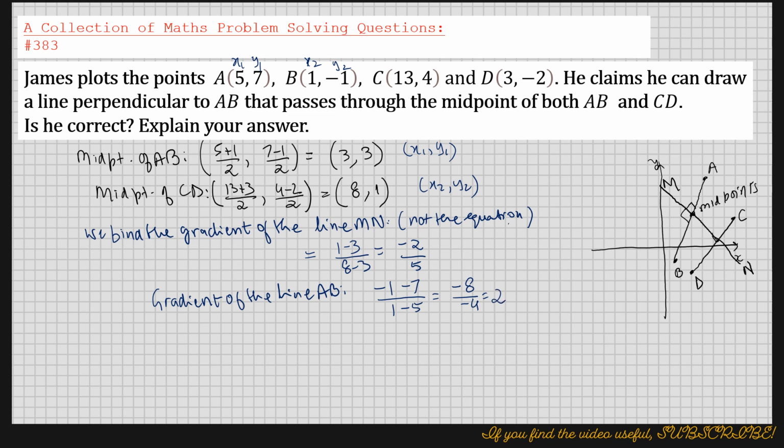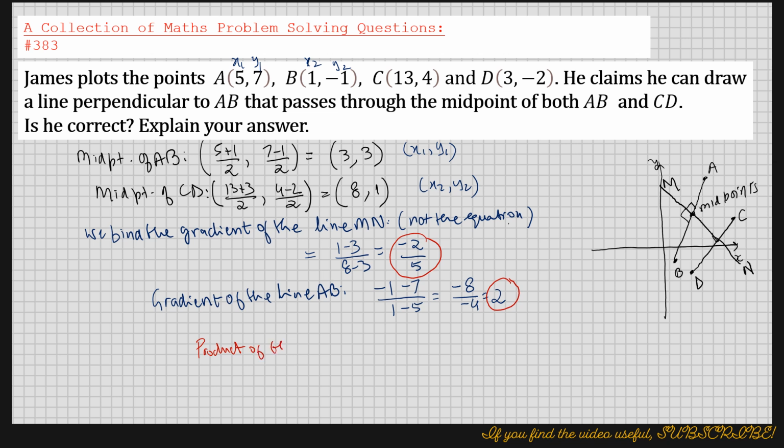So the gradient of the line AB is 2, and the gradient of the line MN is minus 2 out of 5. The product of the gradients of the line AB and the line MN is not minus 1, hence the lines are not perpendicular.